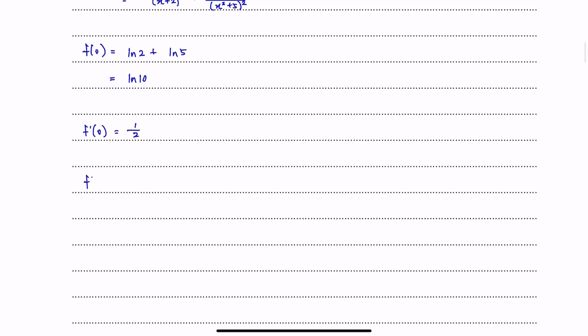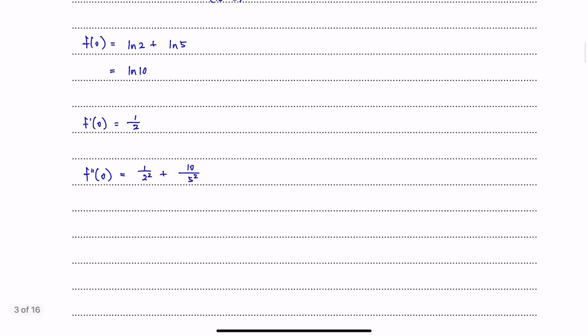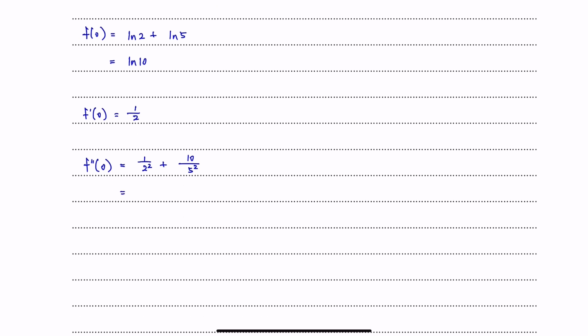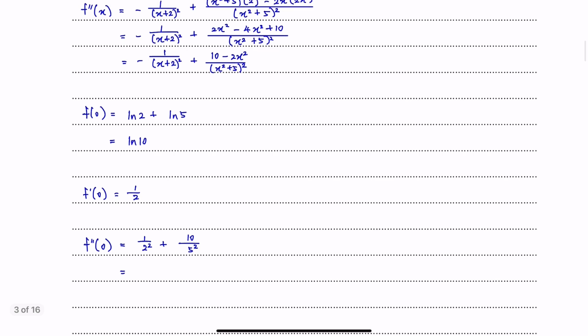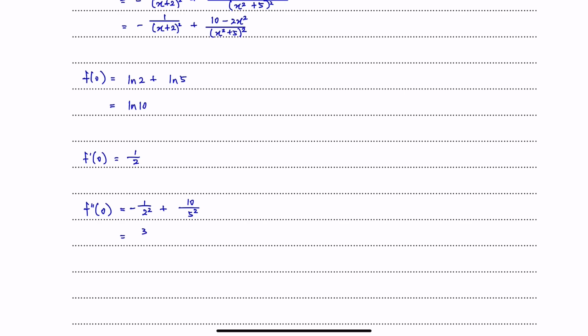So for the second derivative, when x is 0, we get negative 1 over 2 squared plus 10 over 5 squared. Oh sorry, there's a negative here, yeah? So this would be 3 over 20.